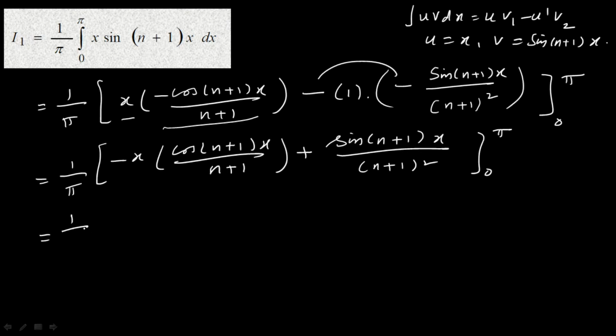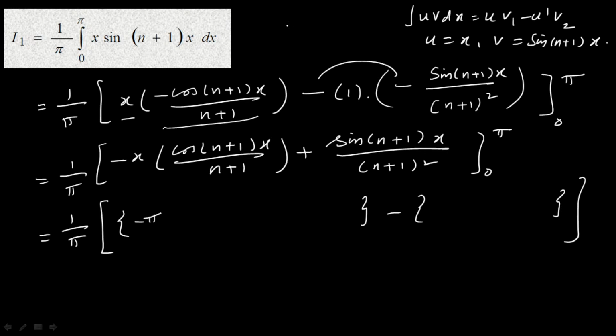Now let me substitute the limits: upper limit minus lower limit. The bracket is very important, which is why I first put brackets for the upper and lower limit. First let me replace x by pi: minus pi cos (n plus 1)pi.